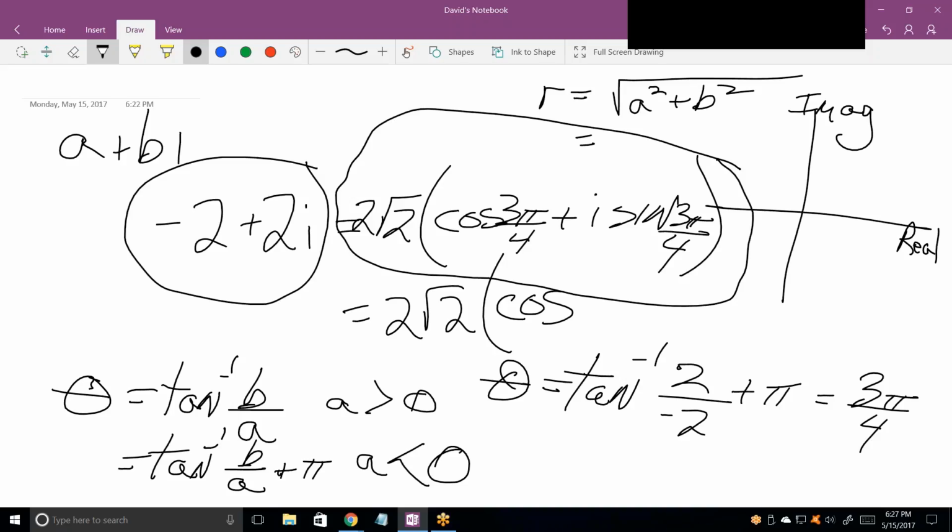Well, the real is minus 2, b is plus 2, so I'm right there, and that angle is 3 pi over 4. Okay. It puts me in the second quadrant.